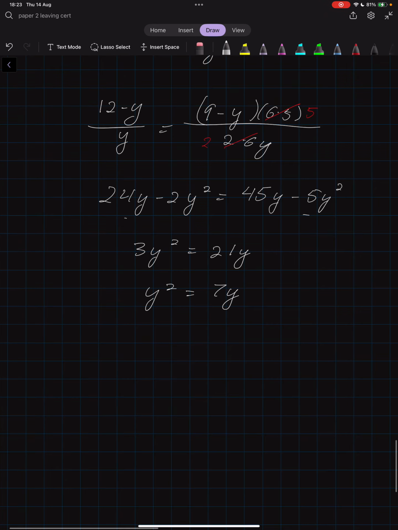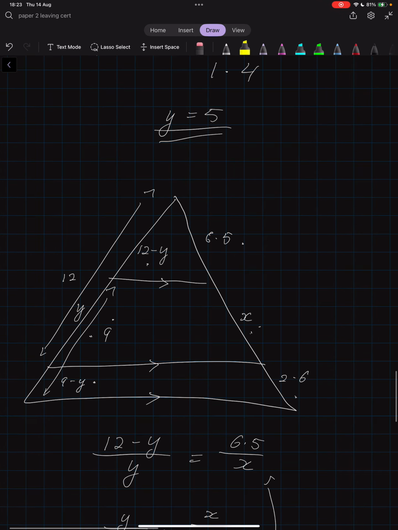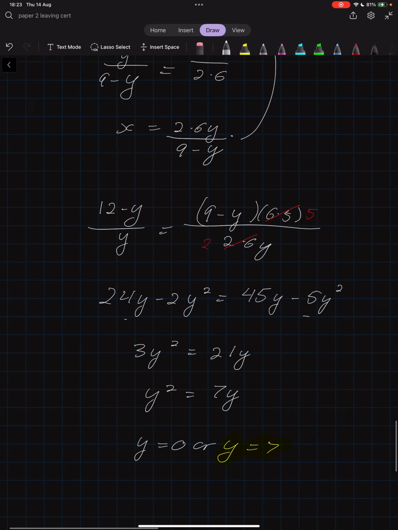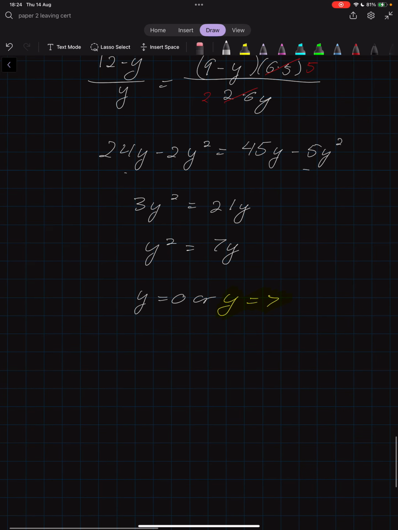The solutions to this are either y equals 0 or y equals 7. I can get rid of the y equals 0 answer because that basically means that this length here just doesn't exist. So I'm assuming that's not the case.